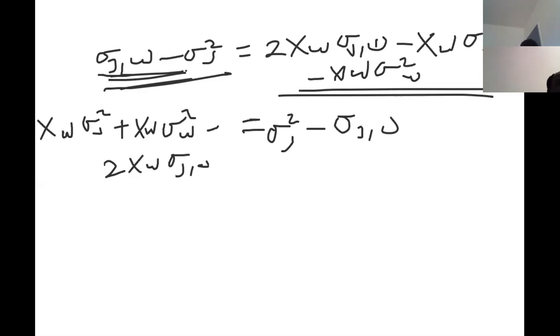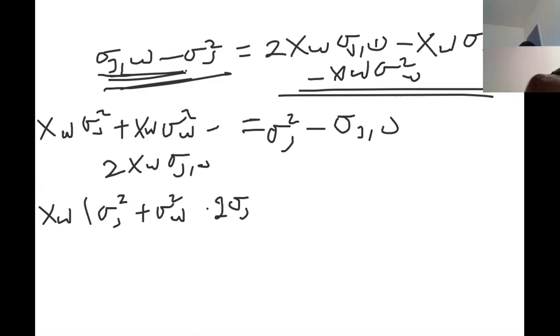So the common term is XW, so I can just factor out XW: XW times variance of J plus variance of W minus 2 covariance of JW equals variance of J minus covariance between J and W.